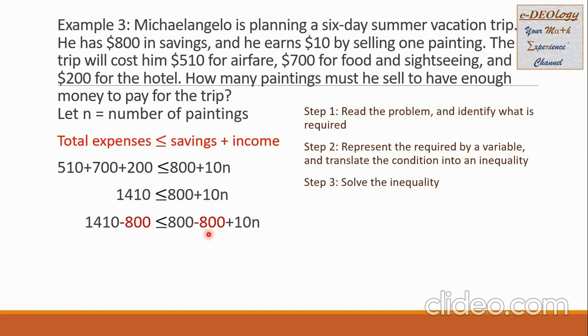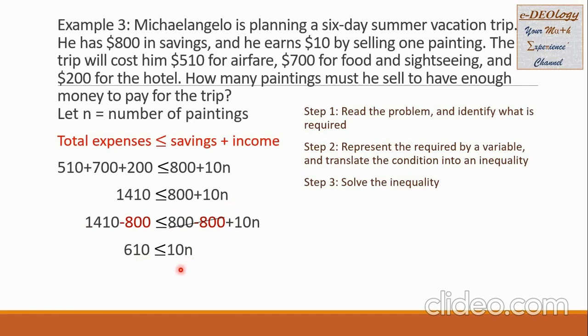So we will subtract 800 on the right side. The same value we will subtract on the left side. So this 800 minus 800 becomes 0. The 10n comes down on the next step. We will find the difference of the two numbers. It becomes 610.